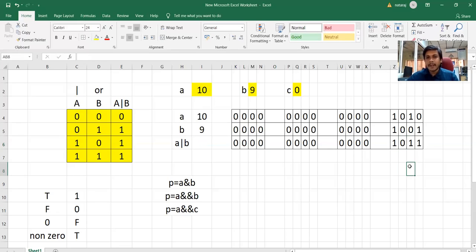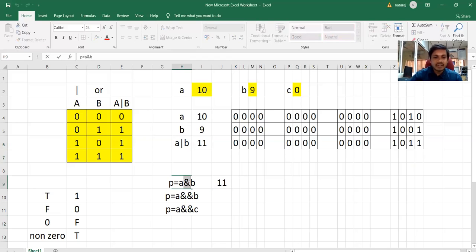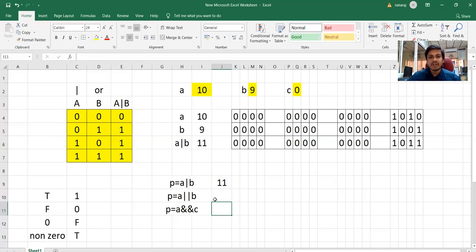So 1 0 1 1, and the equivalent decimal value for 1011 is 11. Which means if P equal to A bitwise OR B, then P value will be 11. If P equal to A double OR, logical OR, B, then what is the P value? We will see.